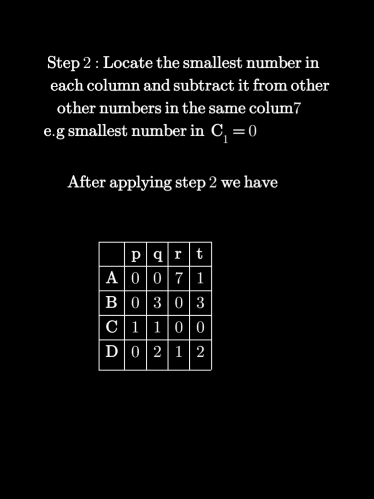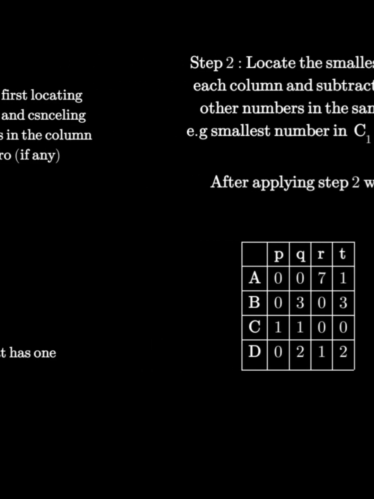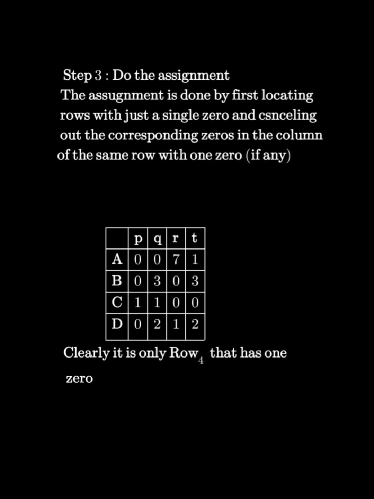Now we proceed to step 3, which is the assignment of the problem. To do the assignment, we first locate all those rows that have one 0. So you ignore any row that has two 0s first. Then you locate all of the rows that have one 0. You notice that it is only row 4 that has one 0.